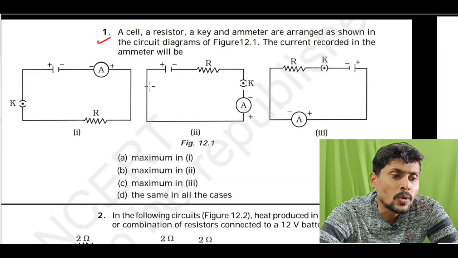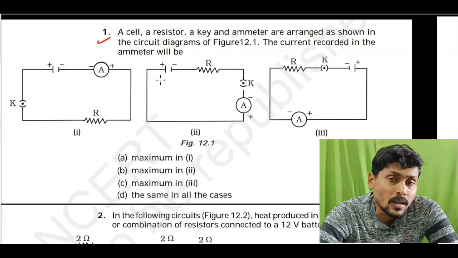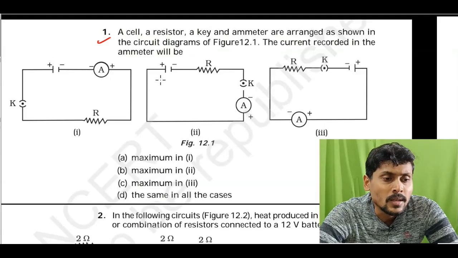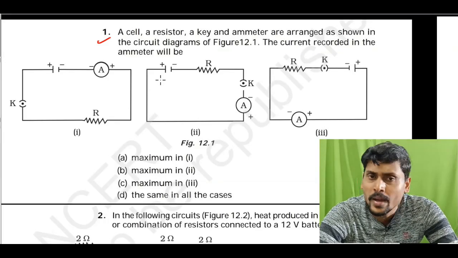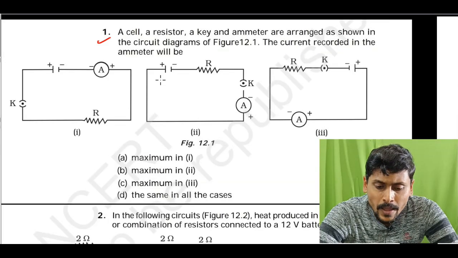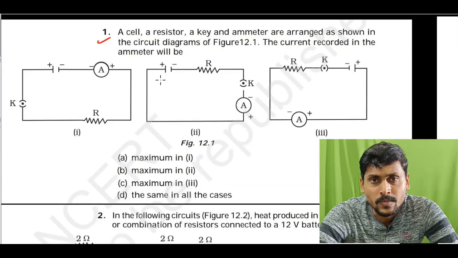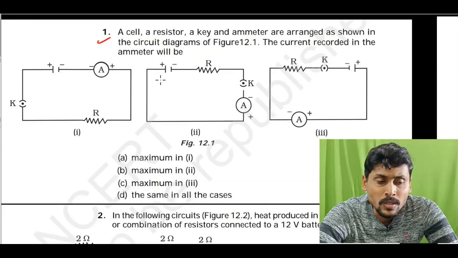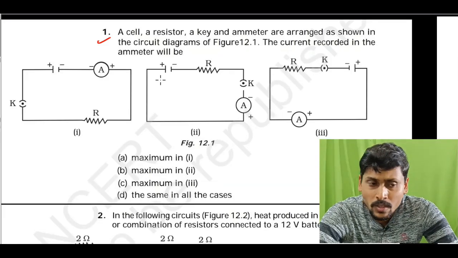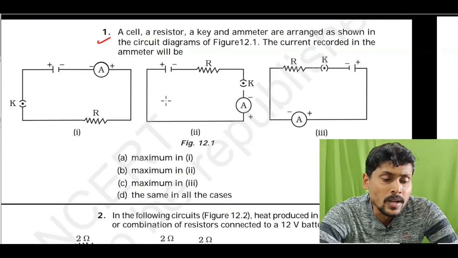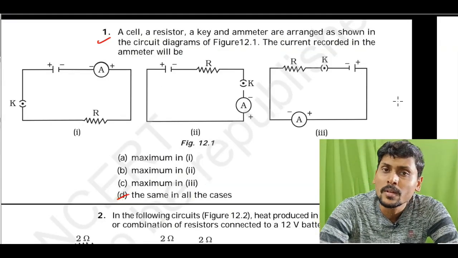The only difference is that their orders are different, but all of them are joined in series. So in series combination the order does not matter. So in the question, all the three ammeters in all these three diagrams will record the same current. So option D will be the correct one.